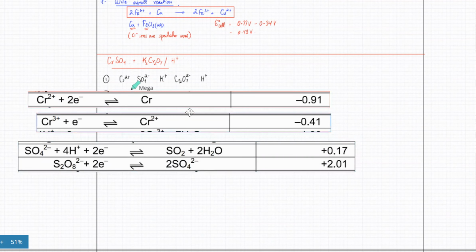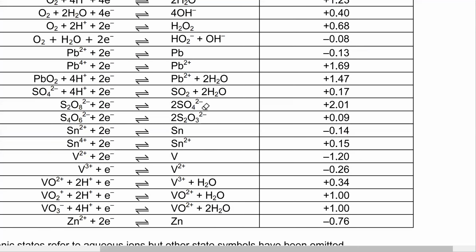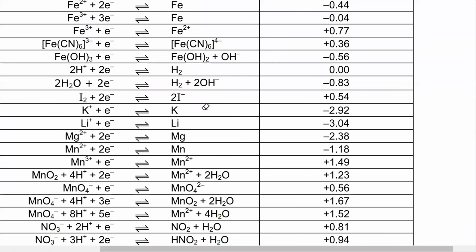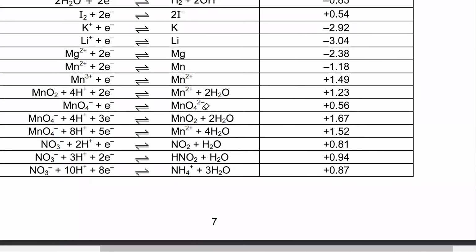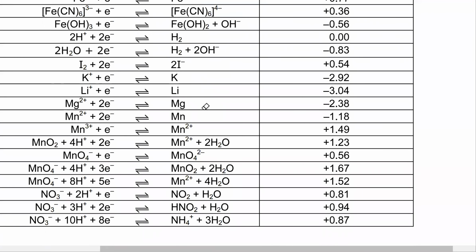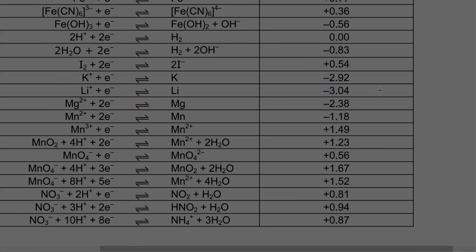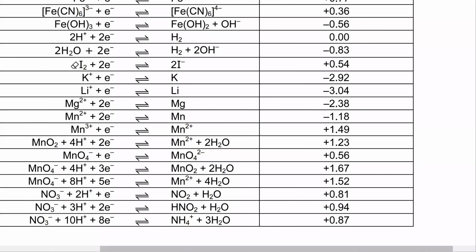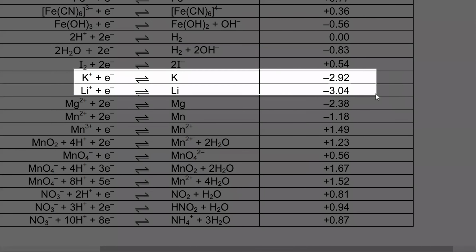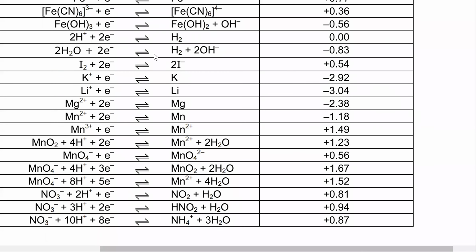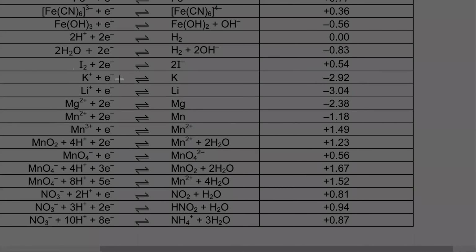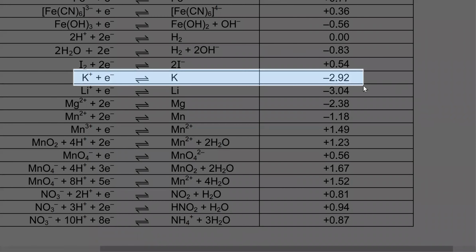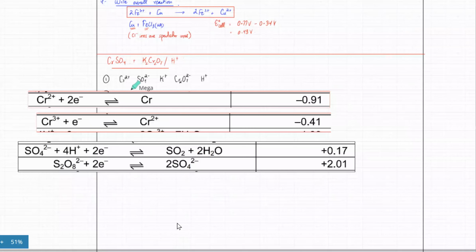Then there's K plus 1 as well. So I'm going to write down K plus 1 equations as well. Where's K? It's right in the middle. So here's our K, minus 2.92 volts.